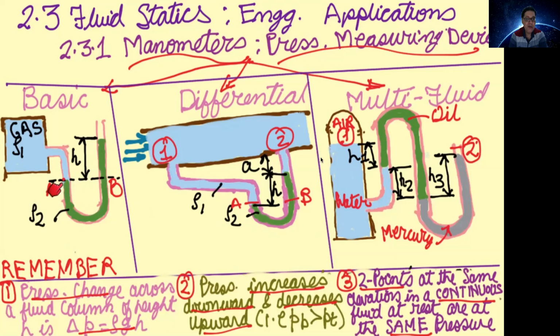In this problem, we want to obtain this gas pressure PA, and using this principle, PA is equal to PB, and this PB will be equal to the atmospheric pressure plus ρ2, which is the density of this green fluid, times g h. So PA is equal to PB is equal to P atmospheric plus ρ2 g h, which is shown here.